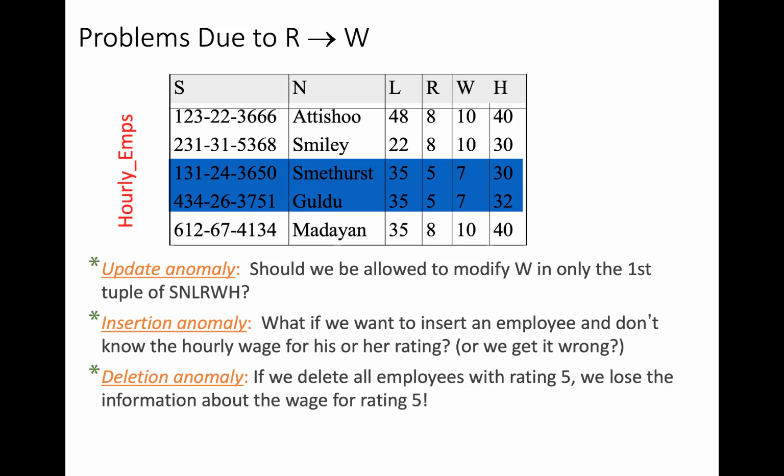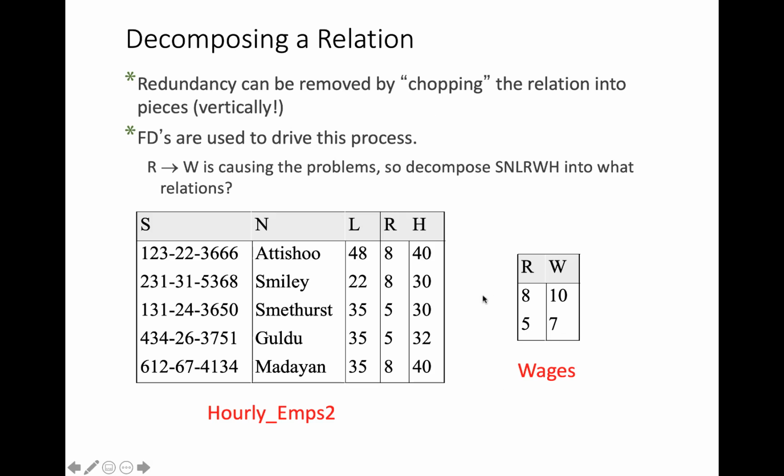So what is the solution? Typically, the solution is that we take RW as a table, a separate relation, and the other relation has everything but W. So instead of having it repeated for every 8, you have 10, 10, and for every 5, you have 7, 7, we have reduced redundancy, but we have increased the number of tables.